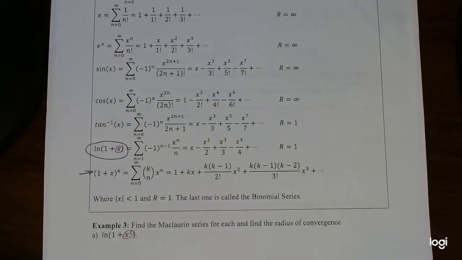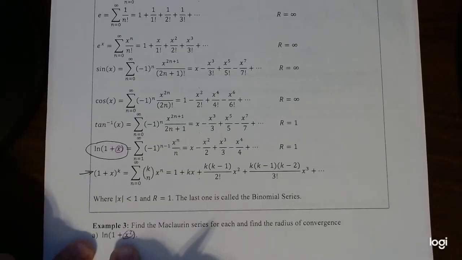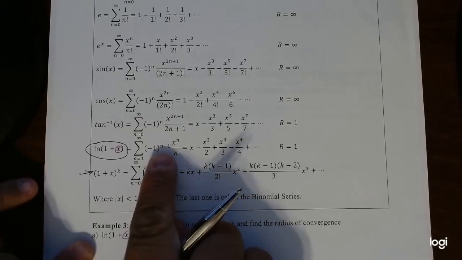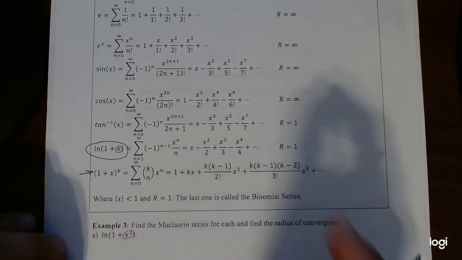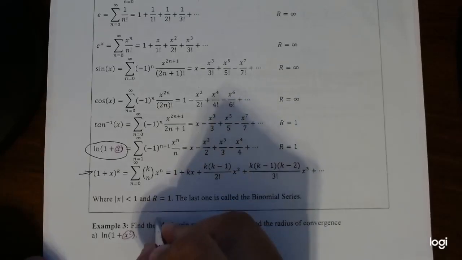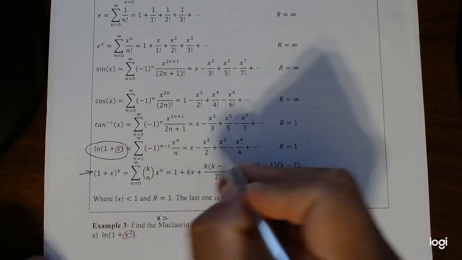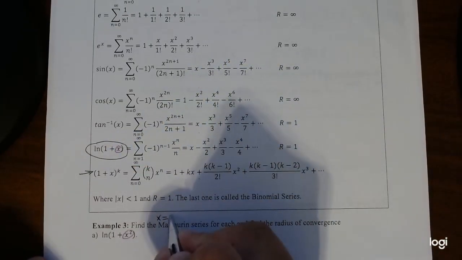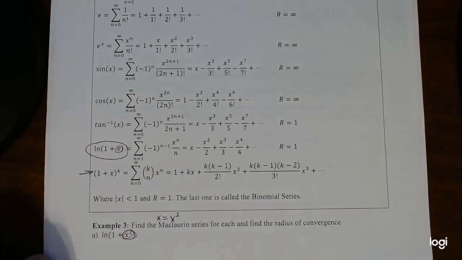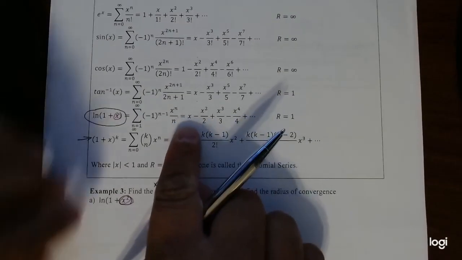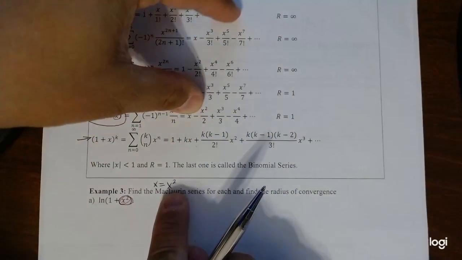How we use this power series is we replace x with x squared everywhere we see an x. Everywhere we see an x in this series, we replace it with x squared because that's exactly what we want here. If we just follow the template, instead of x, it's now x squared.